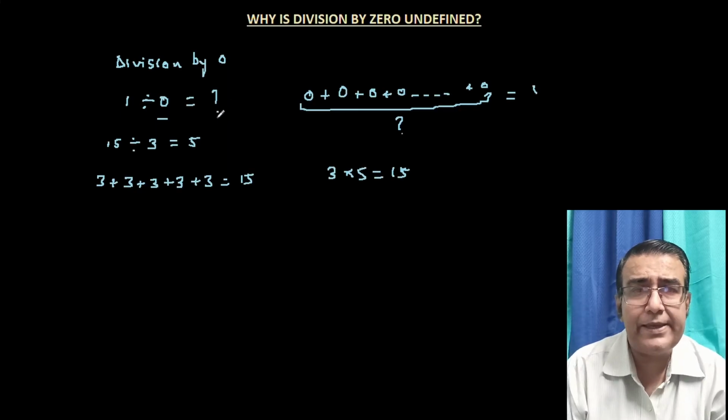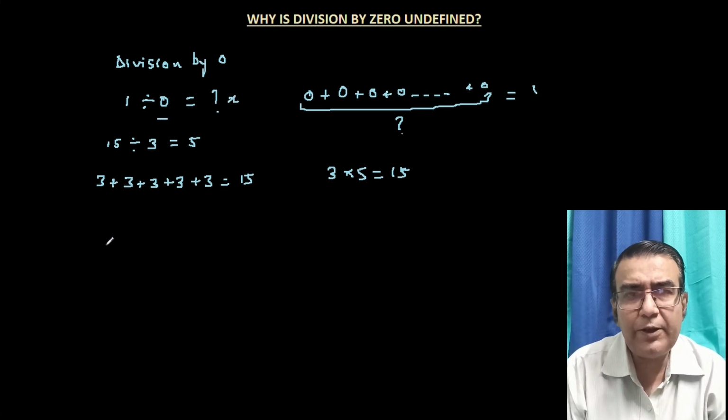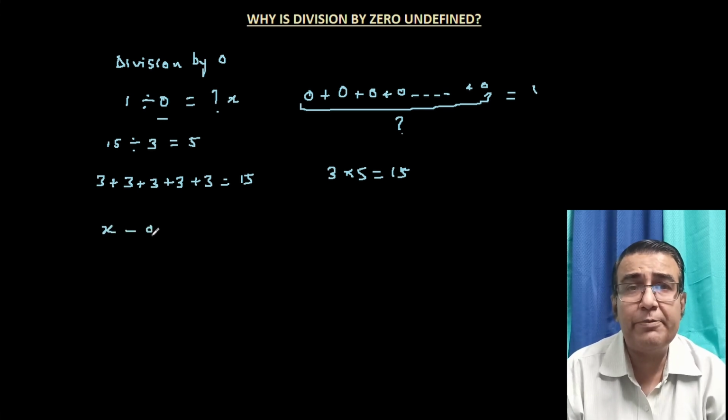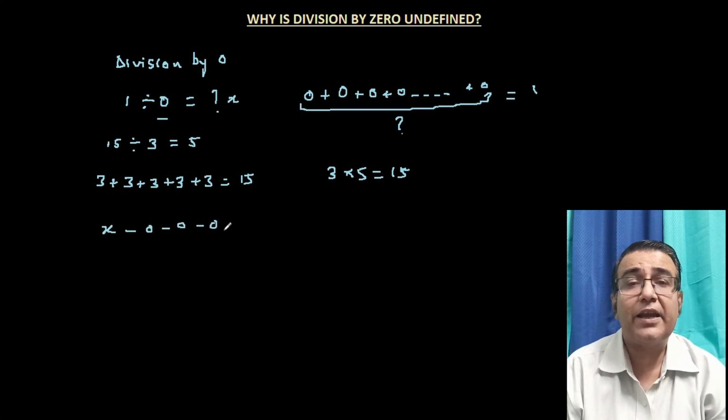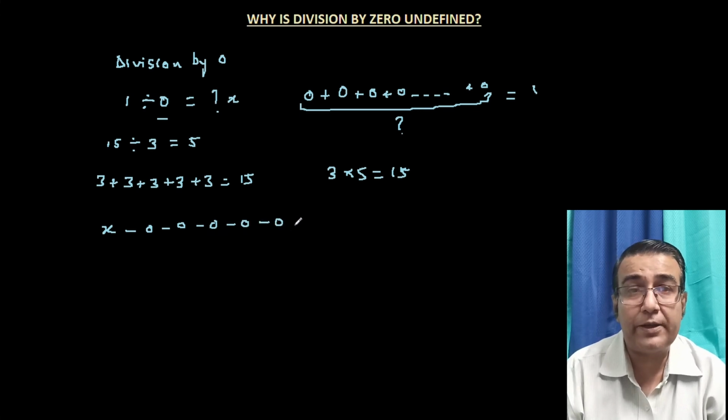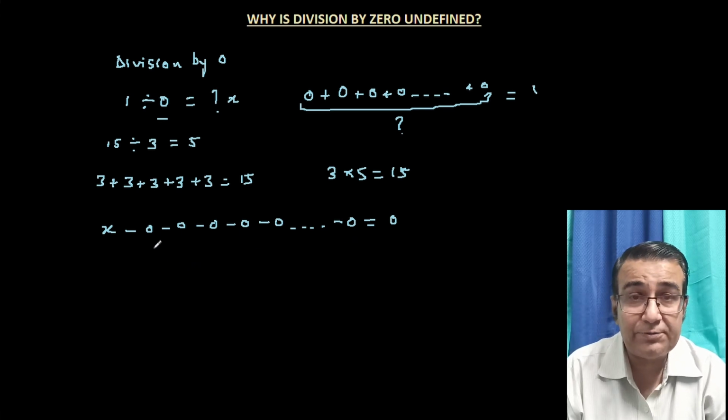But like I said, this video is about what if division by 0 were possible. So let's try and make it possible, and let's say that this 1 divided by 0 is actually equal to some number x. And if we look at it from the way of repeated subtraction, the question really becomes: if we start with x and subtract 0 from it, how many times are we going to subtract 0 so that ultimately we are left with an answer of 0?